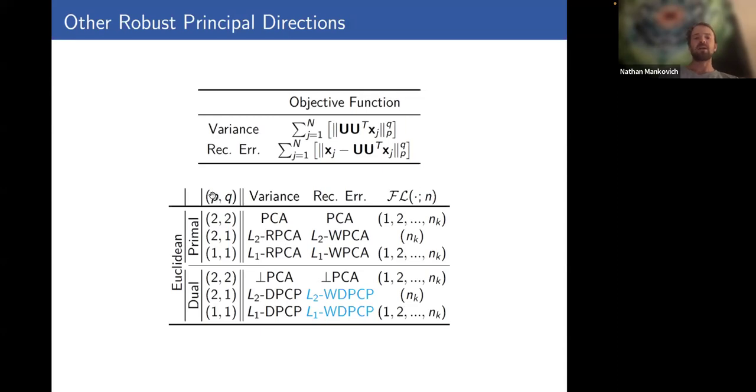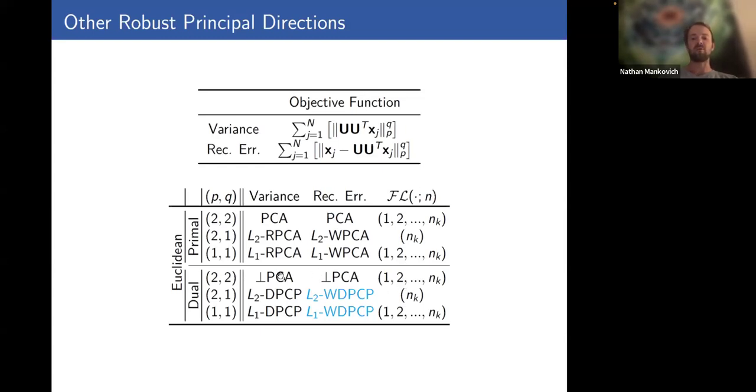So the idea is that you can change P and Q here for the norm, and you can either work with variance or reconstruction error, and you can either maximize them or minimize them. So obviously PCA and what I'm calling orthogonal PCA, which is exactly PCA.